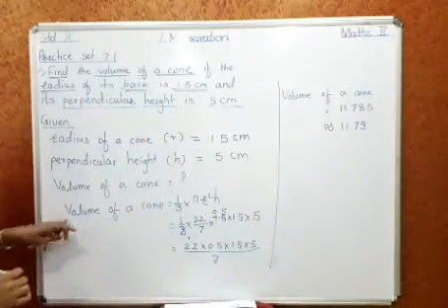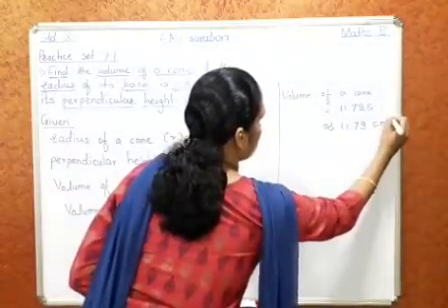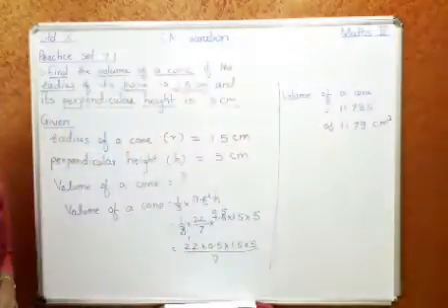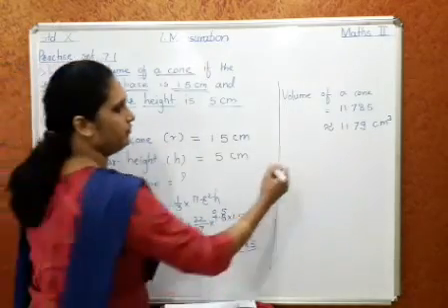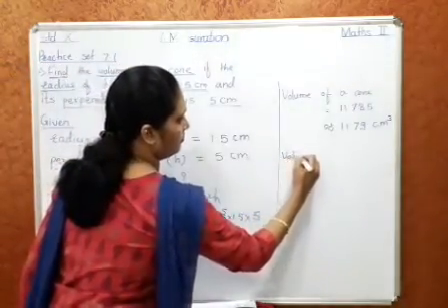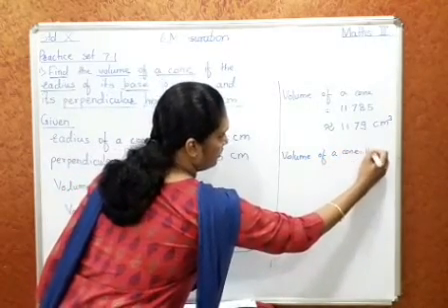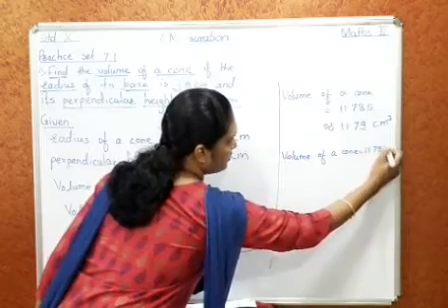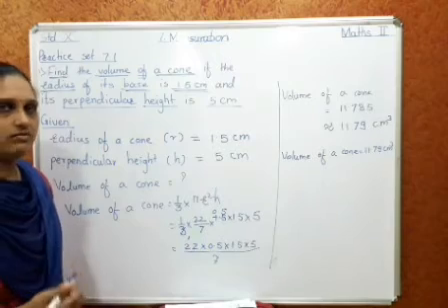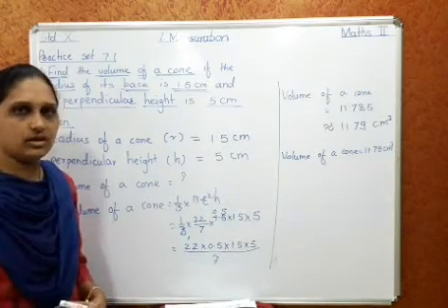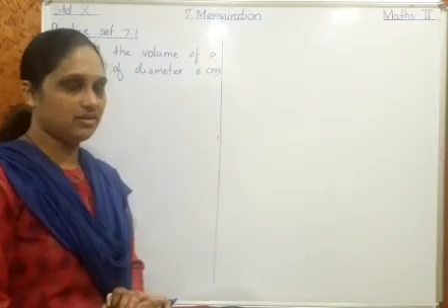As this is a volume, it needs to be mentioned in cube, so this is centimeter cube. Finally you will write the answer: volume of a cone equal to 11.79 centimeter cube. Study it properly. Now let's see the second sum.